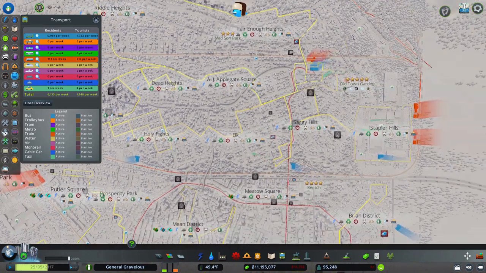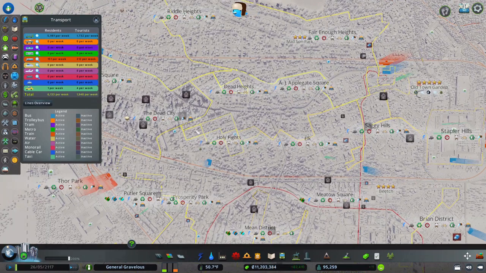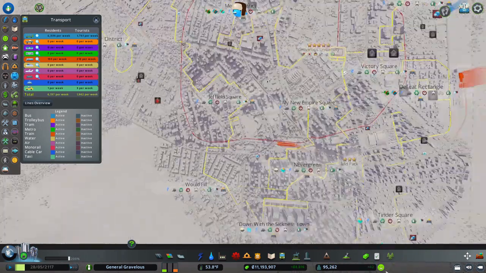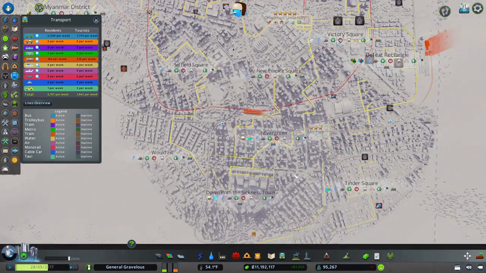Then one line, which is apparently the most popular route at the time, starts from Holy Fights and goes all the way down to Sickness Town. So that's something.